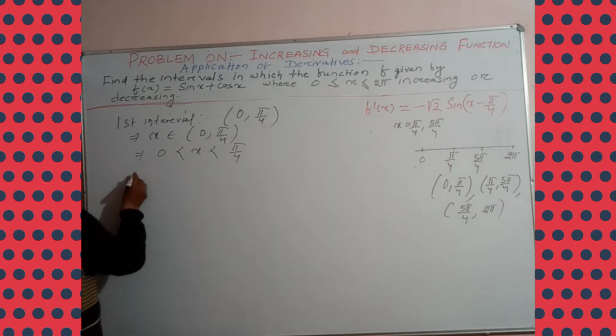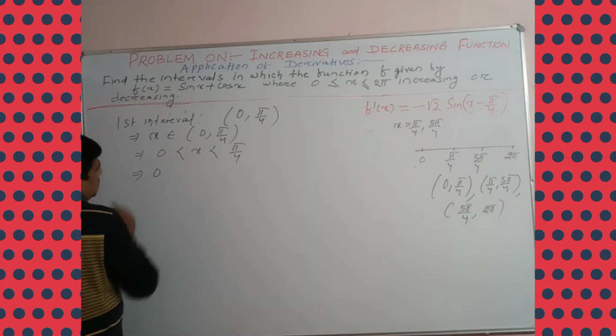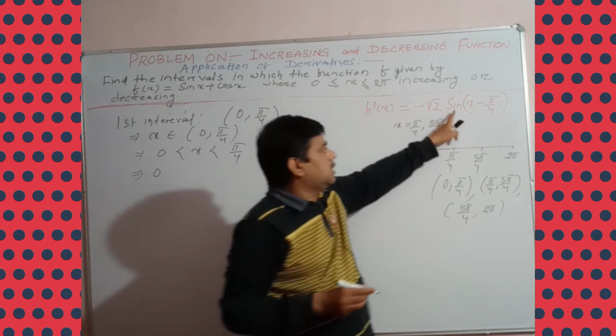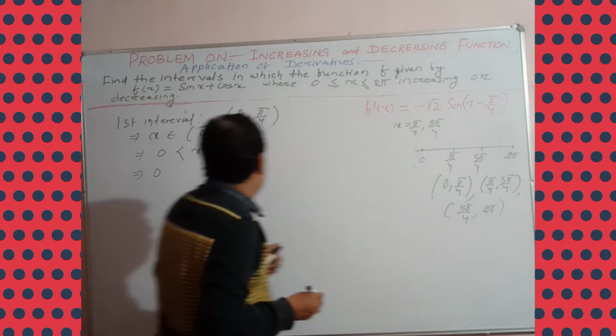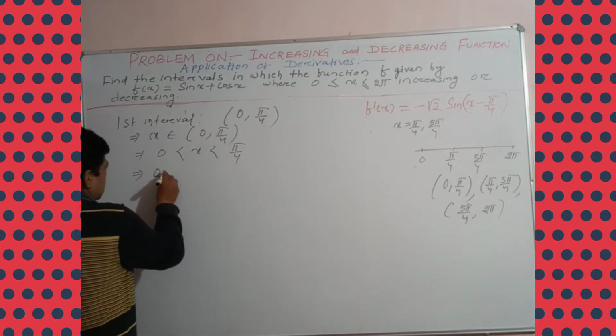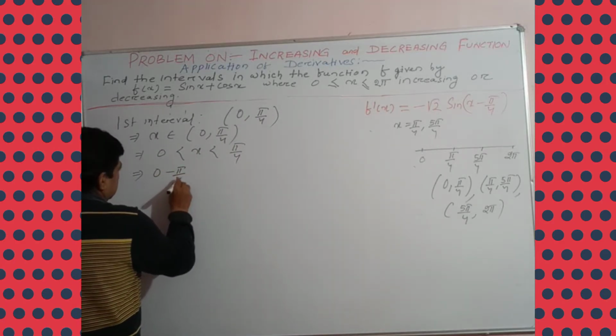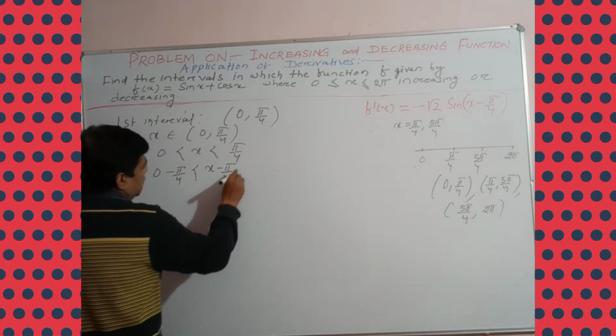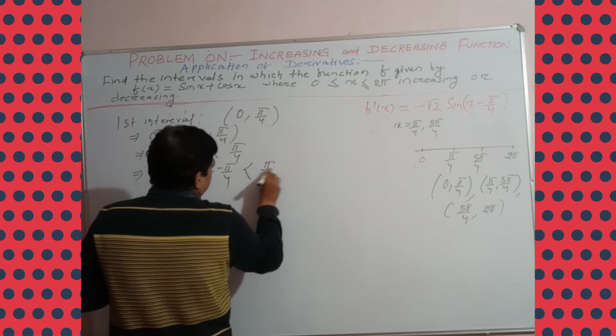Understand or not? Here the angle is x minus pi by 4 inside the sine. So let us subtract pi by 4: 0 minus pi by 4 is less than x minus pi by 4, which is less than pi by 4 minus pi by 4.